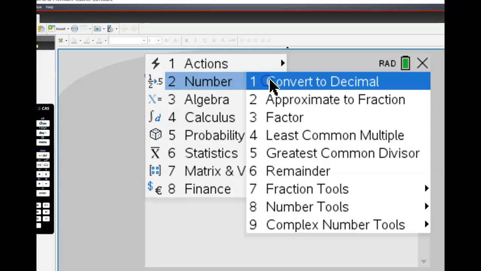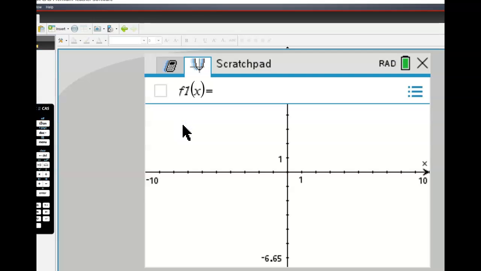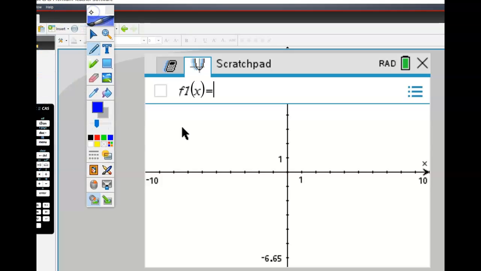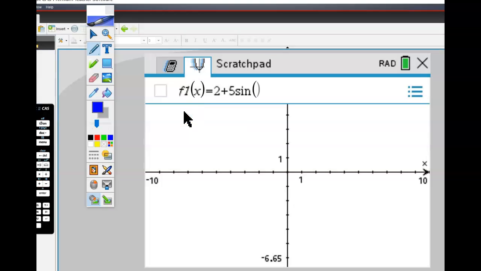So let's just clear out any stuff I have on my calculator here. We're going to go to the graph mode, and the first function is 2 plus 5 sine, and then it is 4 pi x divided by 25.